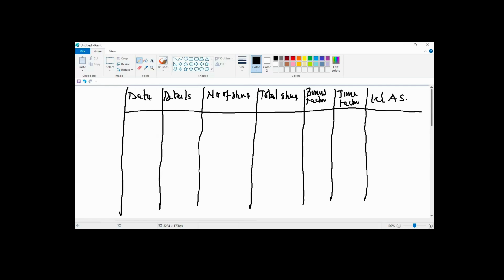Now it said, in February 2014, a right issue of 1 share for each of the 5 shares outstanding was made at an exercise price of 5 naira. Before the right issue, the number of shares outstanding was 5 million. That means as at the beginning of the year, 1st January 2014, opening balance, we have 5 million shares.